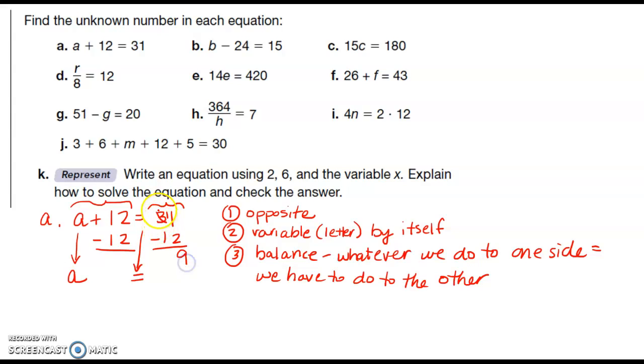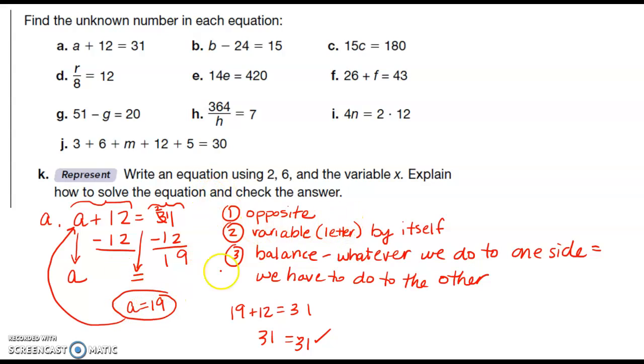I get 19. So I have A equals 19. To check that, I'm going to plug 19 back in and make sure that it equals 31. 9 plus 2 is 11, carry the 1, 31 equals 31. So I'm good.